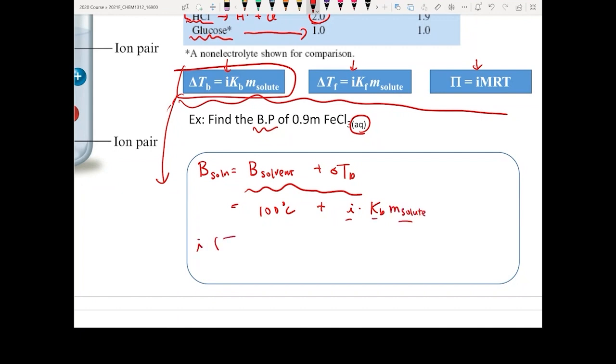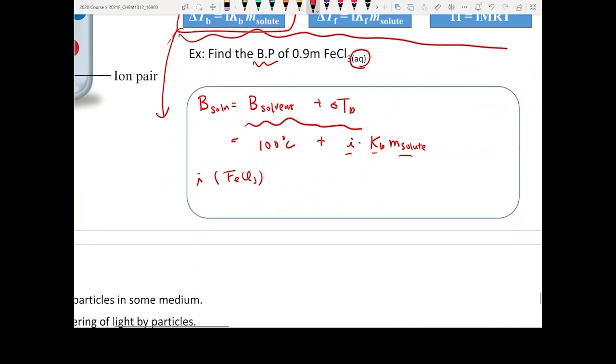So your i for FeCl3. Is FeCl3 an electrolyte or non-electrolyte? Electrolyte, right? So once it dissolves, FeCl3 is going to become Fe3+ plus 3Cl-. Therefore, i equals 4.